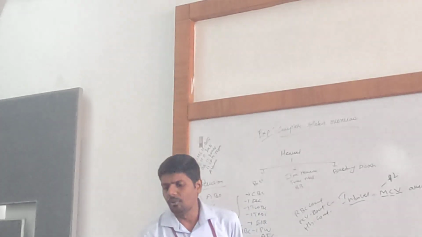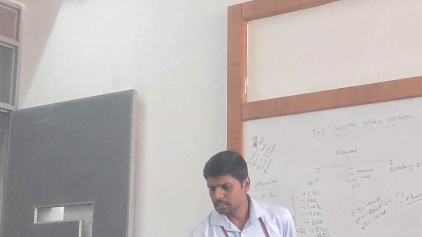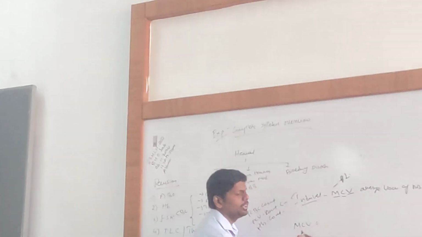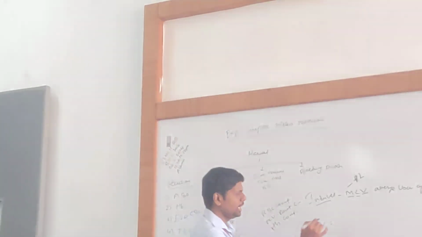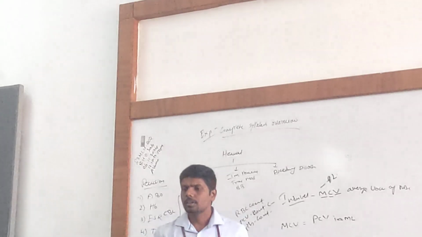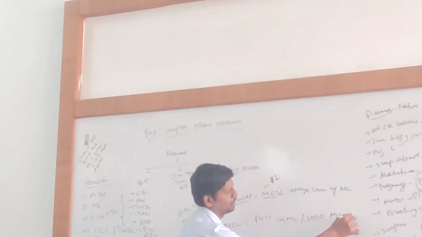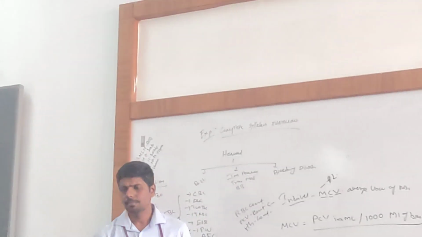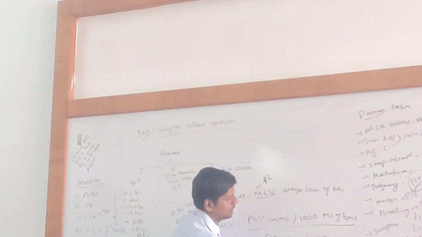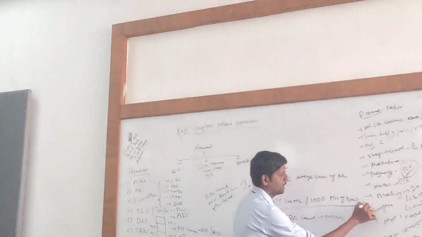Now write down the formula of MCV. For MCV calculation, you need the data of PCV in 1 ml of blood, divided by 1 liter of blood, 1000 ml of blood, divided by RBC count in millions, into 10.